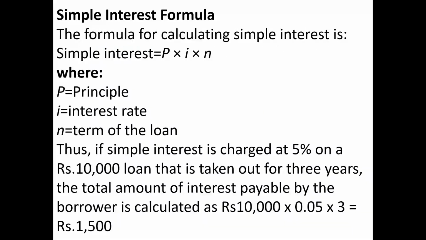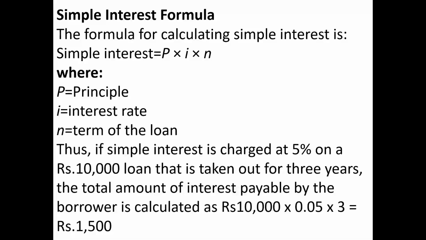We have already discussed the simple interest formula. Simple interest formula is very simple. That is SI equal to PIN or PNI. P stands for principal, I stands for interest, and N stands for terms of loan, that is, for how many years you have taken that amount.